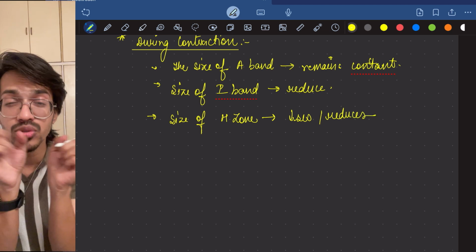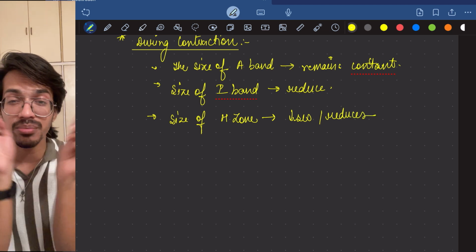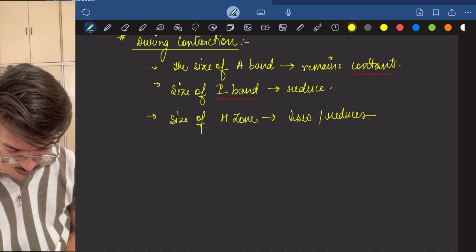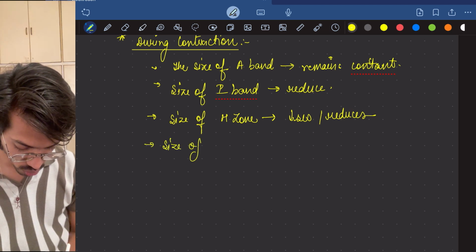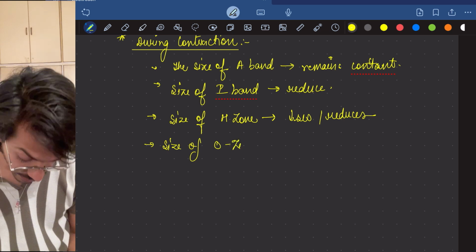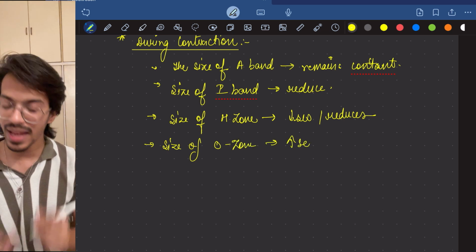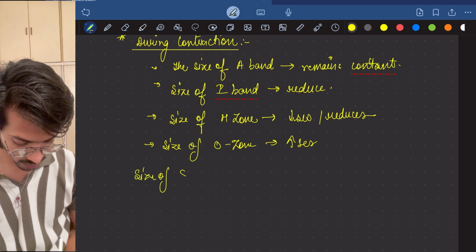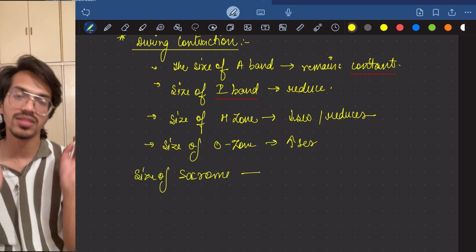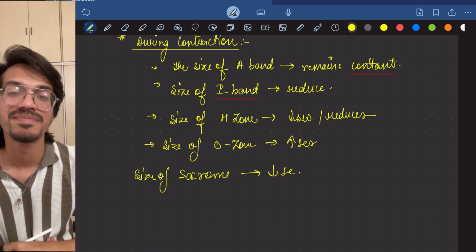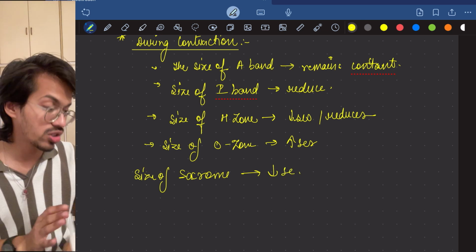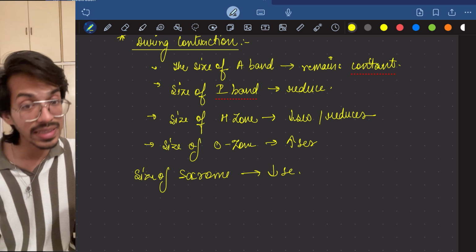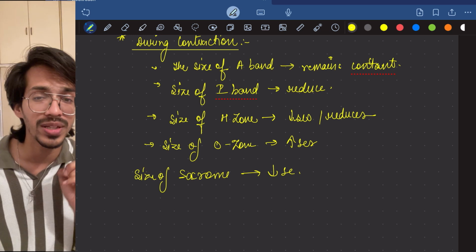Whereas the overlap zone, since overlapping is increasing because I band is coming closer inside, its size will increase, whereas the size of sarcomere will reduce. That's it. That is the most important topic which you have to remember for your NEET examination 2025.